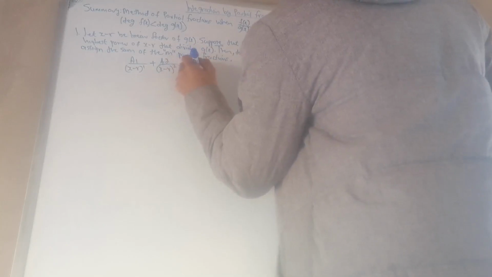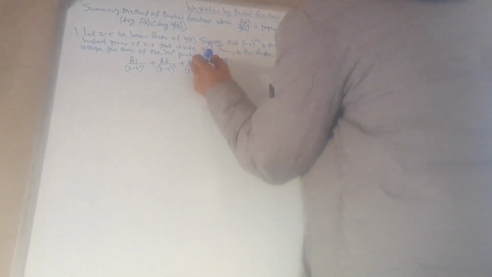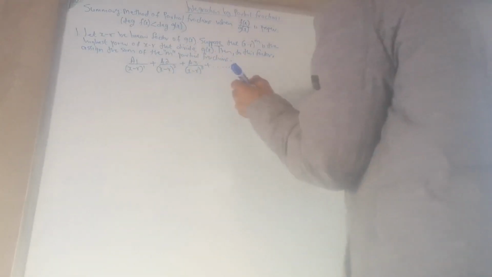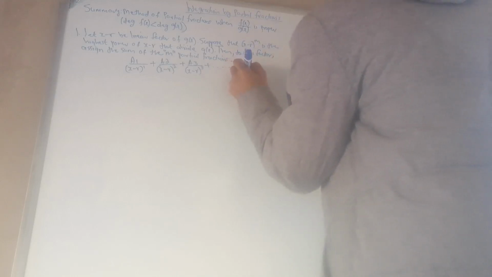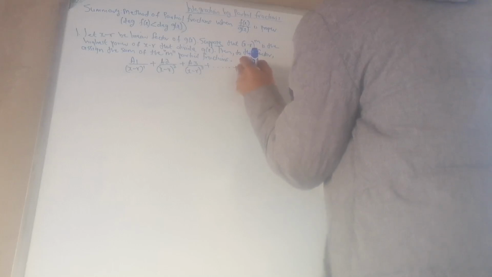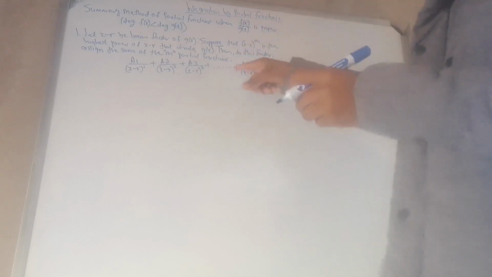I can have a3 over x minus r to the exponent of 3, and I can keep on doing this till am divided by x minus r exponent of m. And then we are doing this for each distinct linear factor of g at x.